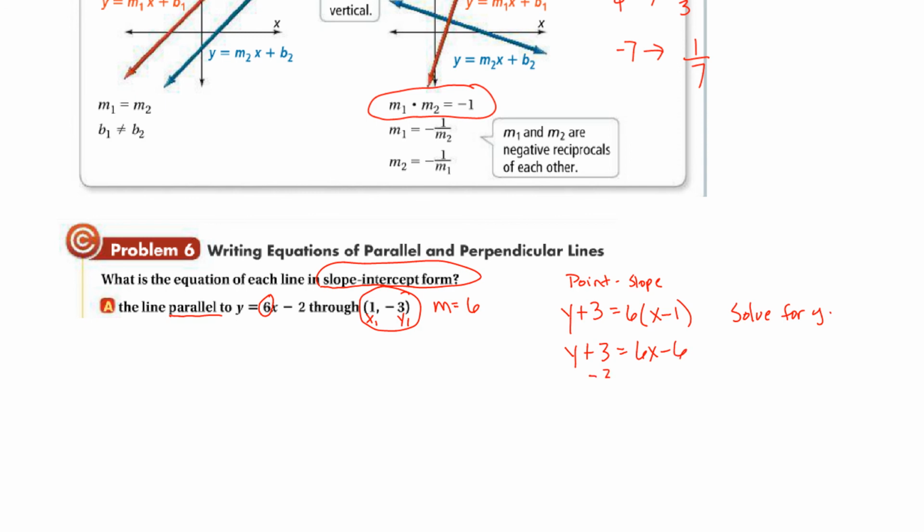And then I would minus my 3 from both sides. And I have y equals 6x minus 9. So y equals 6x minus 2 and y equals 6x minus 9 are parallel because they have the same slope of 6 and different y-intercepts, negative 2 and negative 9.